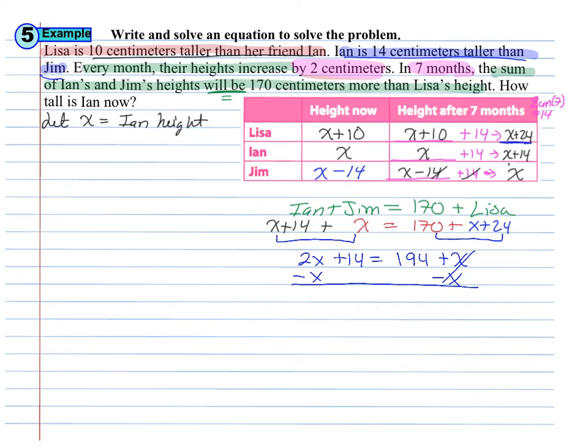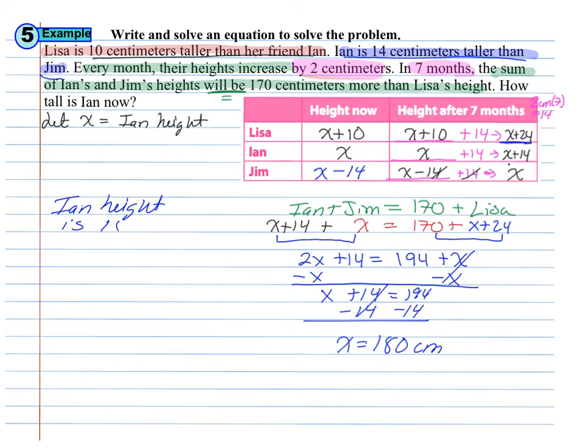So all the variables go to one side, anything that has a number on the other side. So we're going to have x plus 14 is equal to 194, minus 14 on both sides. We're going to have x is equal to 180. This is centimeters. So we know that Ian's height is 180 centimeters. So that is the final answer.